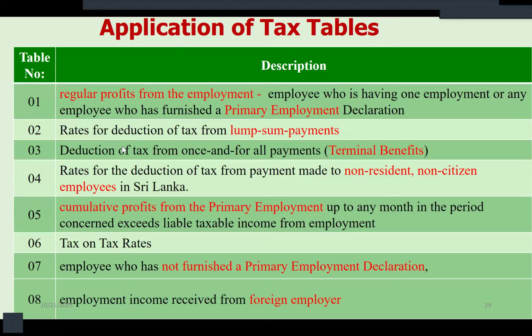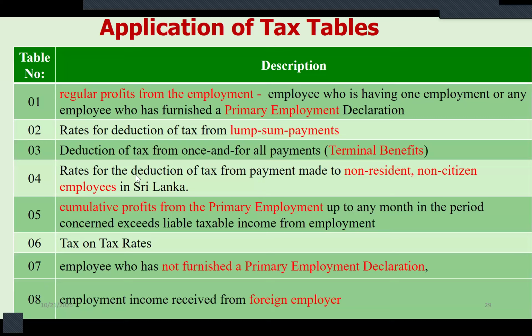For terminal benefits, for non-resident, non-citizen employees, for cumulative profits from primary employment, tax on tax rates, employees who have not furnished a primary employment declaration. That means for the secondary employment, we can use table 7. Table 8 is a newly introduced one, so we use it for the calculation of foreign employment. So these are the tables available on the website.